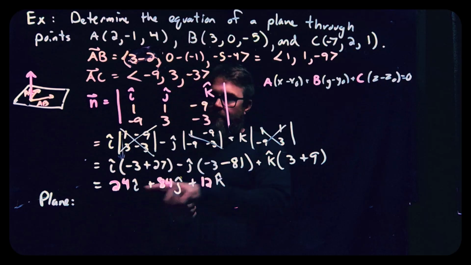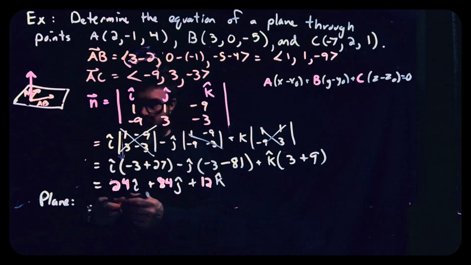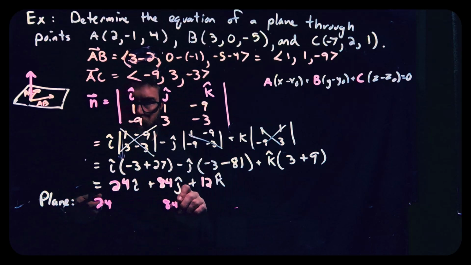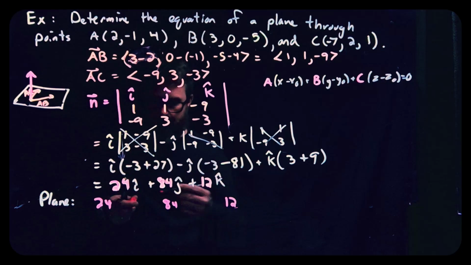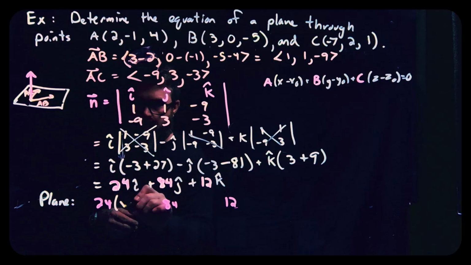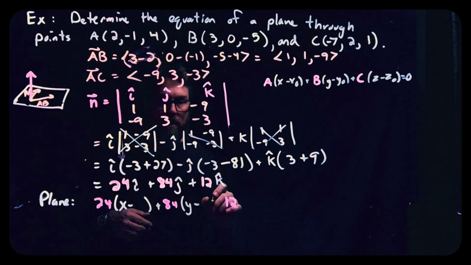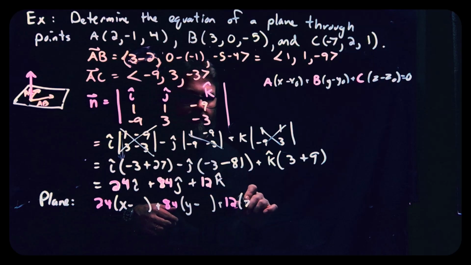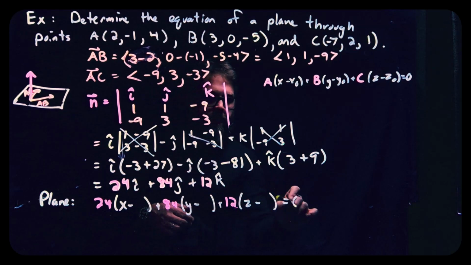So I know my A, B, and C: 24, 84, 12. And then we're going to do x minus x naught. So 24 times x minus, plus 84 times y minus, plus 12 times z minus, is equal to 0.